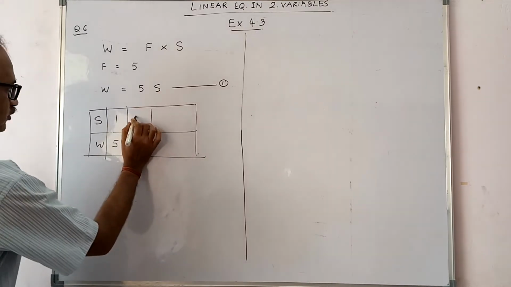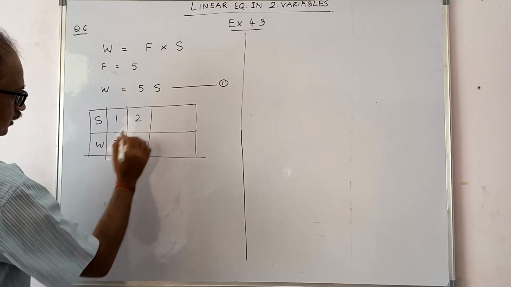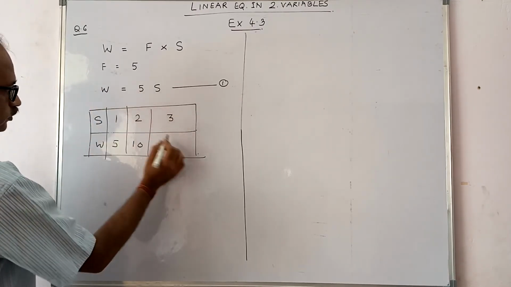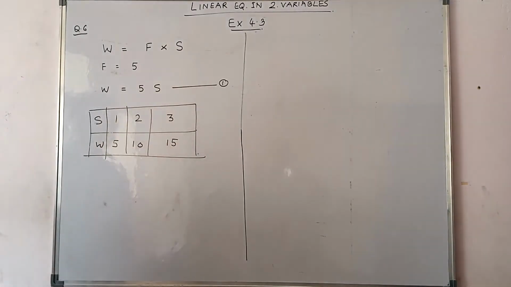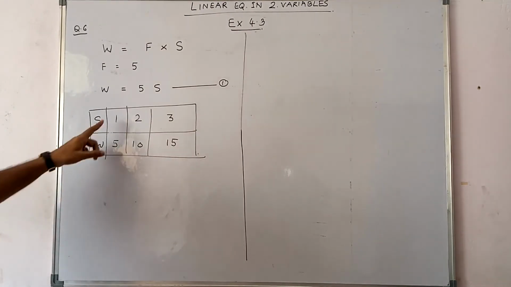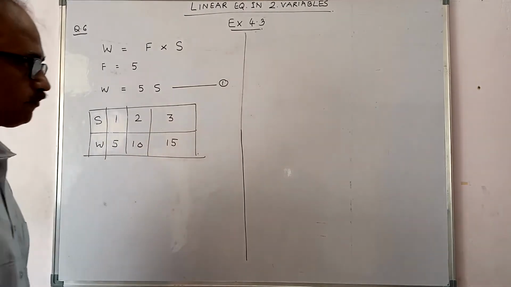S as 2 units, W is equal to 10. S is equal to 3 units, 5 threes are 15, W is equal to 15. So we have these values of S and W: S is 1, W is 5; S is 2, W is 10; S is 3, W is 15.